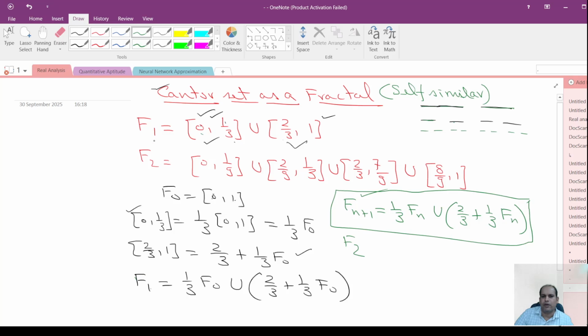F2 will be 1/3 of F1 union 2/3 plus 1/3 of F1. Now substitute the value of F1 here. F1 consists of two intervals, so from here we have two intervals, and from here we have two intervals. So in total, in F2 we have 4 intervals. This is the recurrence relation for a fractal.